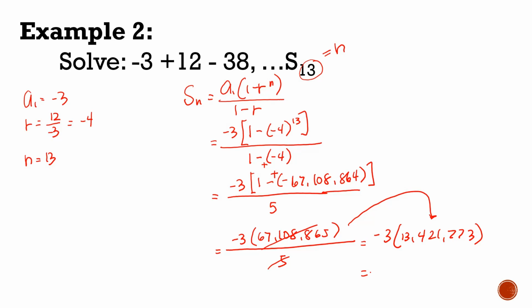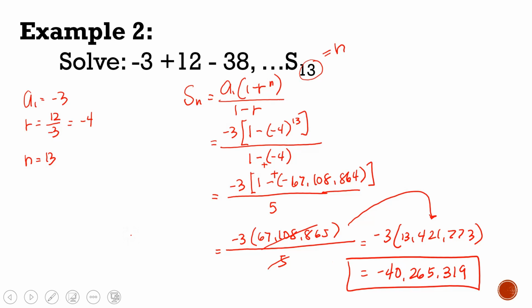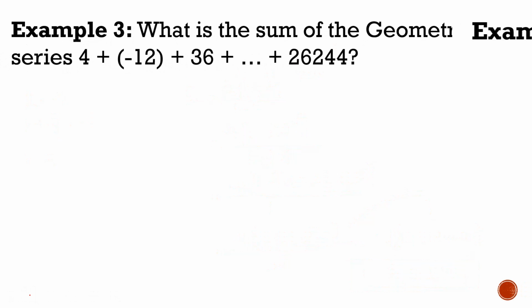Okay, so multiply that to negative 3. So it will be equal to negative 40,265,319. Okay, let's go to the next problem.